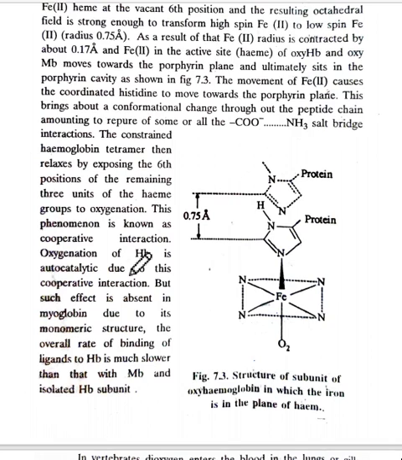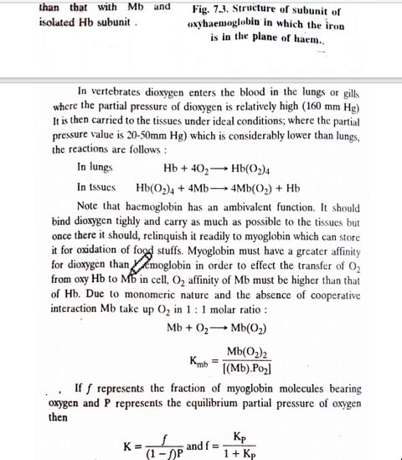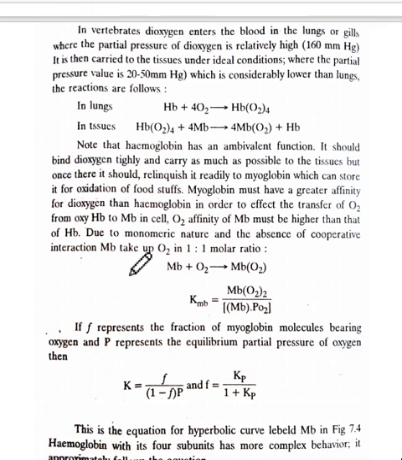The overall rate of binding of ligands to hemoglobin is much slower than that of myoglobin, an isolated hemoglobin subunit. In vertebrates, dioxygen enters the blood in the lungs or gills, where the partial pressure of dioxygen is relatively high, approximately 160 mmHg.